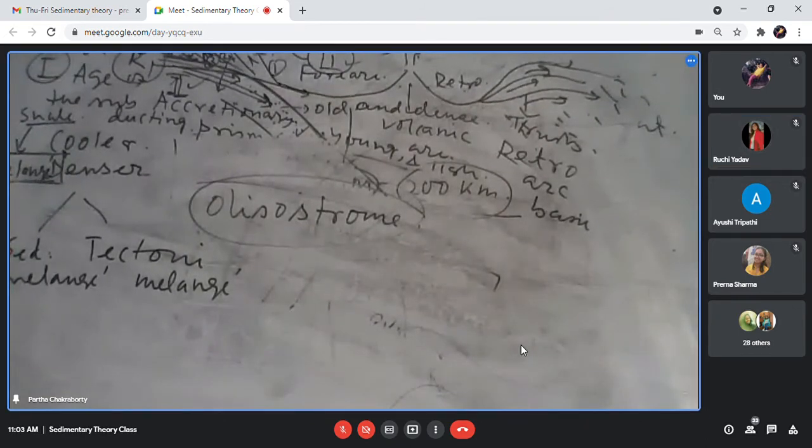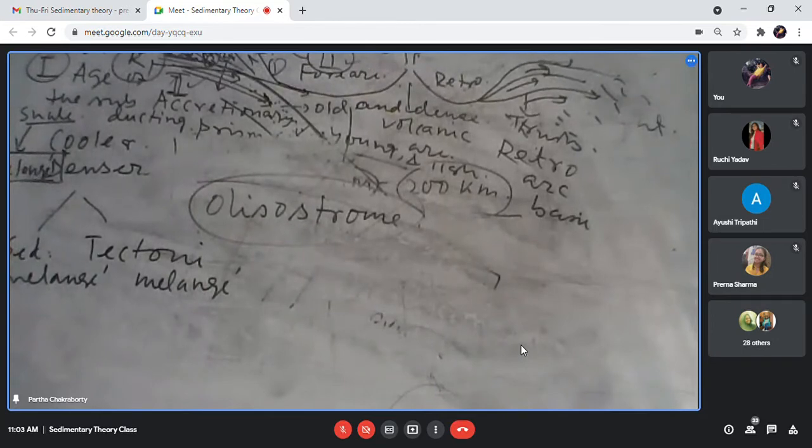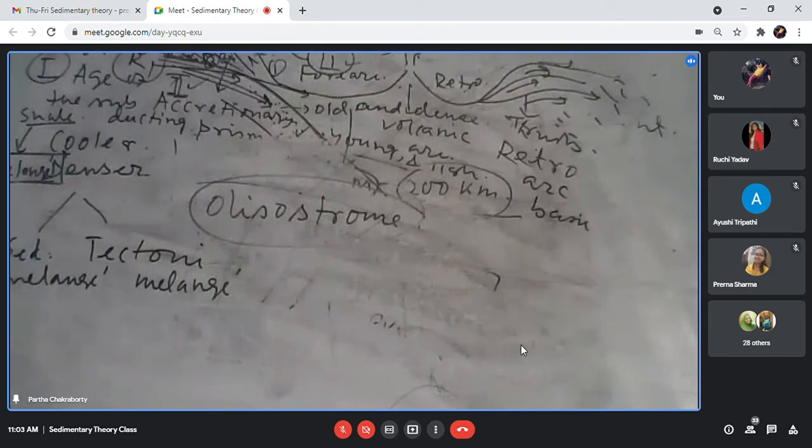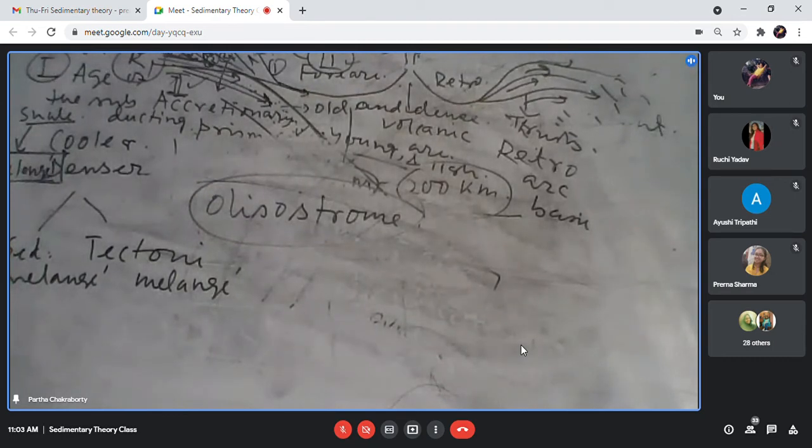The material is scraped from the downgoing slab and forms a small-scale thrust at the back, and a thrust belt, which is typically our Andaman Islands, the outer arc. The Indian plate is subducting on the west of the Andaman Islands.